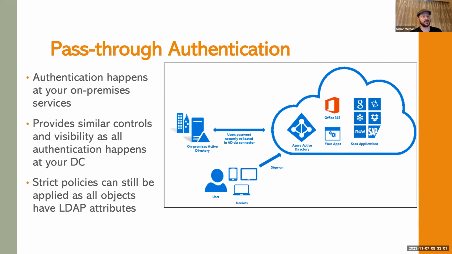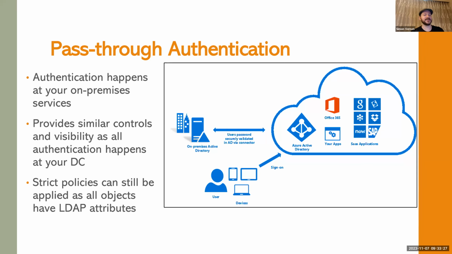Now, what are the benefits of this? Well, the major benefit is we can still apply our very strict and controlled group policy elements that exist inside our Active Directory, and with our full range of attributes, group memberships, etc., all associated with our Active Directory. We can still utilize all that even though we're authenticating through the cloud platform to our domain controller.